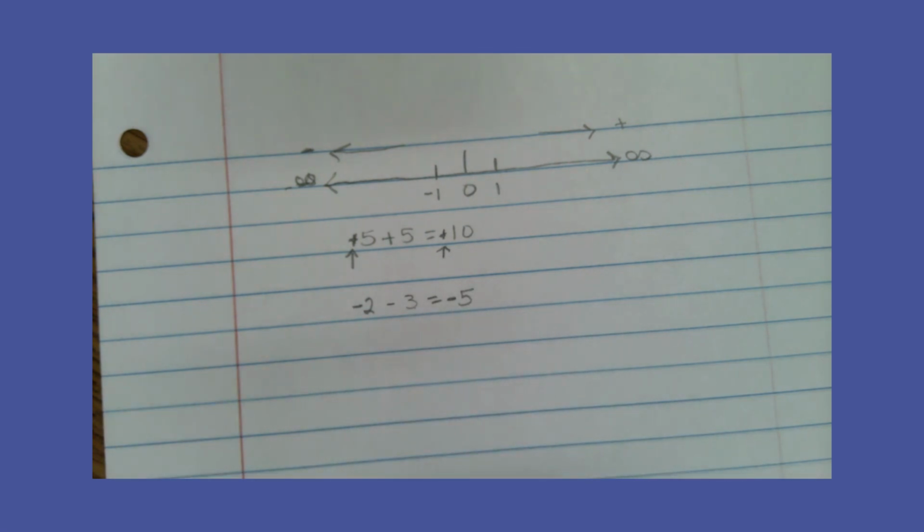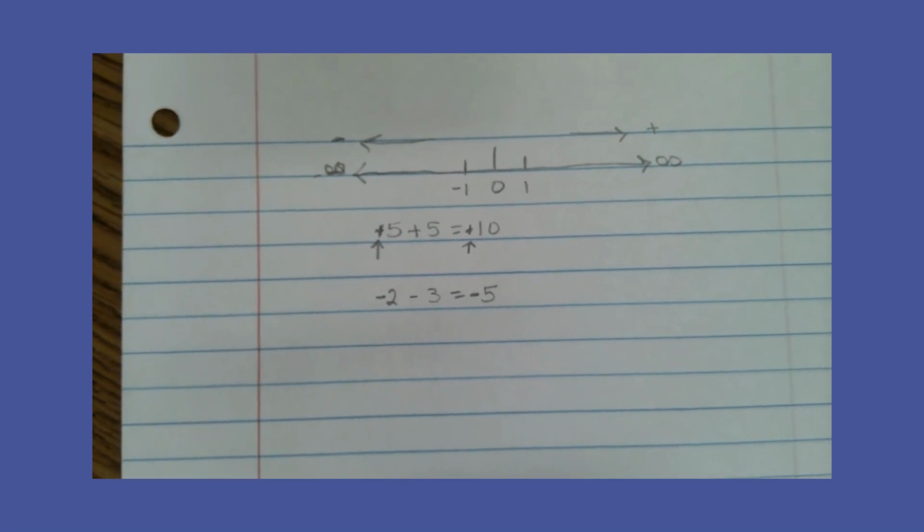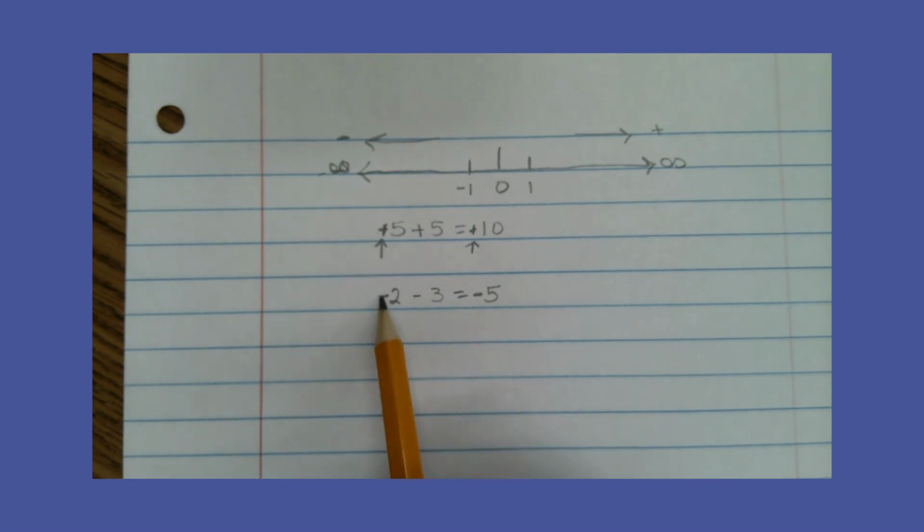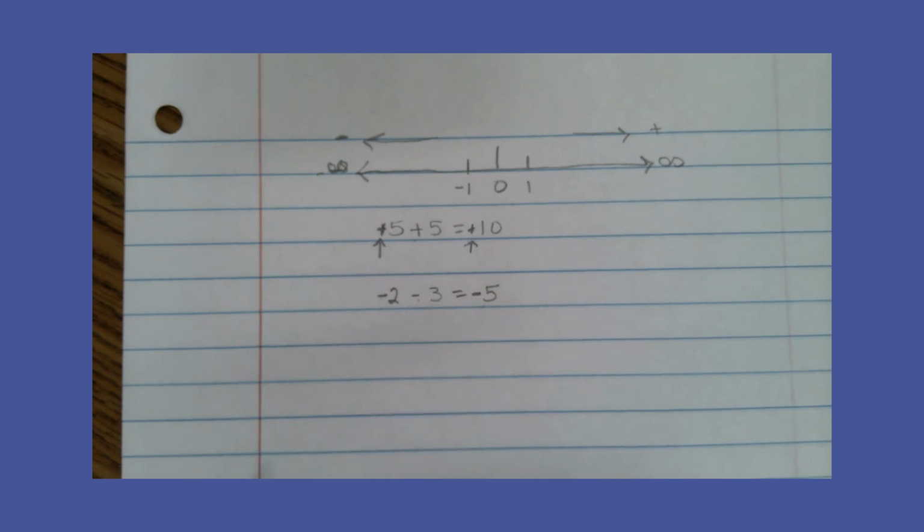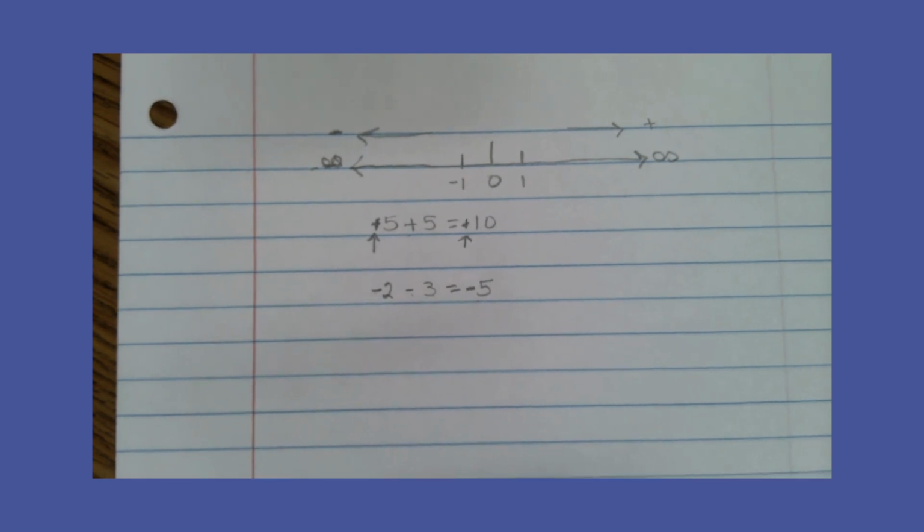Both of your friends together, you would owe them $5, so that would be negative 5. So when the signs are the same, you add and take that sign. We don't normally write the positive sign. We understand it's positive though.